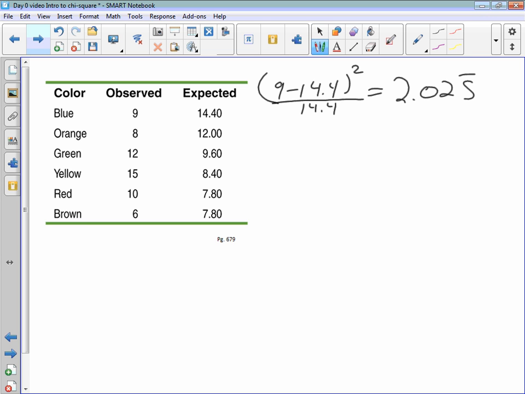And then for the next one, it would be 8 minus 12 squared over 12, or 1.33 repeating. And we keep going all the way down, 12 minus 9.6 squared divided by 9.6. 15 minus 8.4, and this is squared to make it positive, divided by 8.4.